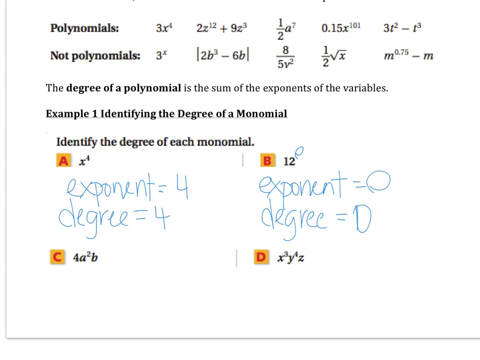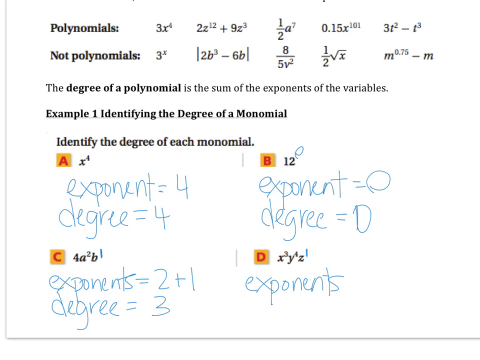When we don't have an exponent, it's a 1, so the exponents here are 2 and 1, so we add those together, so the degree is 3. And again, when we don't have an exponent, we put a 1. So the exponents here are 3 and 4 and 1. We add those together to get the degree, which would be 8.